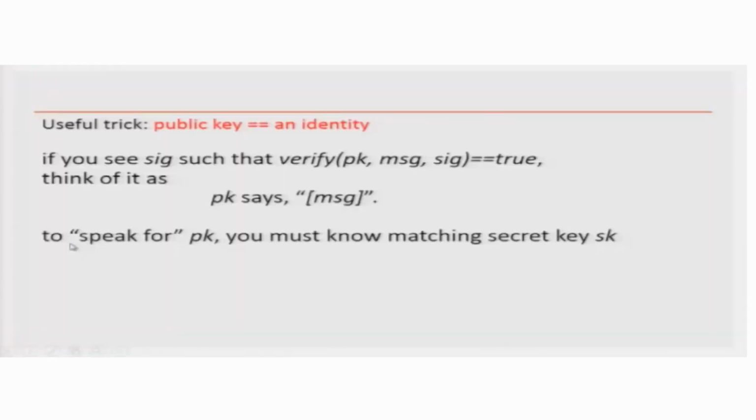So, the final thing that we are going to discuss today is that a public key can also be used as an identity, and that is what is done in Bitcoin, Ethereum and this kind of blockchains, what we call public blockchains or permission-free blockchains, where you as a person, it does not matter who you are, as long as you have a public key, you can become a player in the blockchain ecosystem.